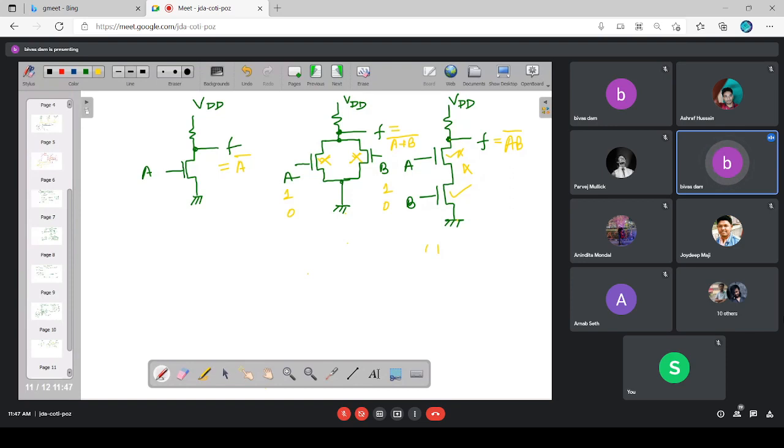That means either this should be off, or this should be off, or both should be off. That means either 0 or 0 or both 0. So here the output is 0 only for one combination. So that is nothing but the NAND operation. Hope this is clear to everybody. Yes, sir. Fine.